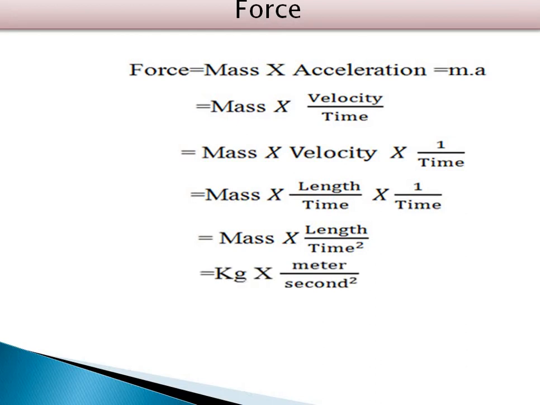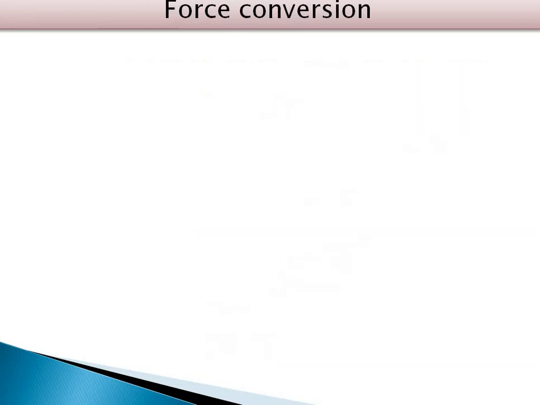So mass in kg, length in meter, and time in second square. So force can be given as kg meter per second square. And we know that 1 kg meter per second square is nothing but 1 Newton.